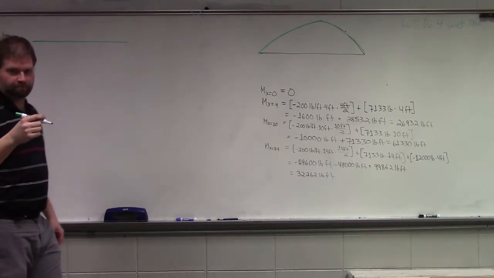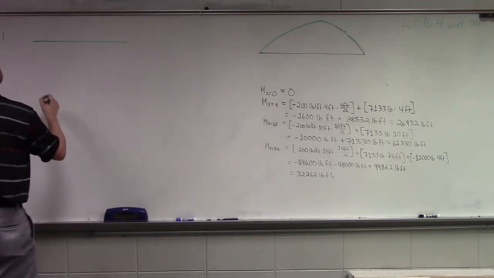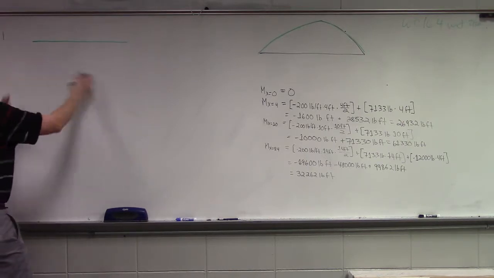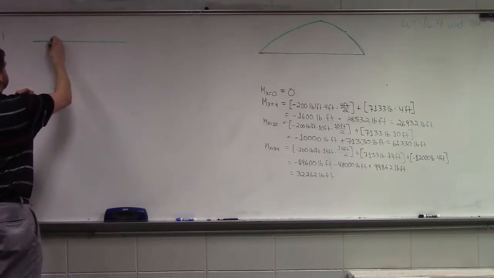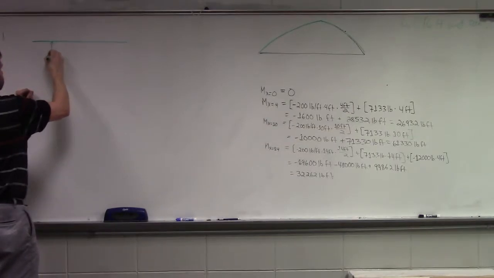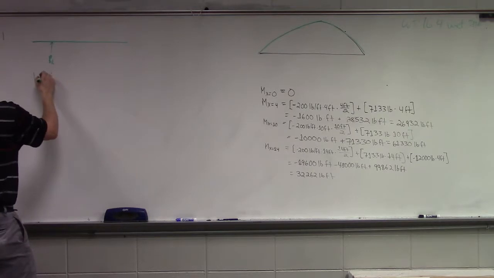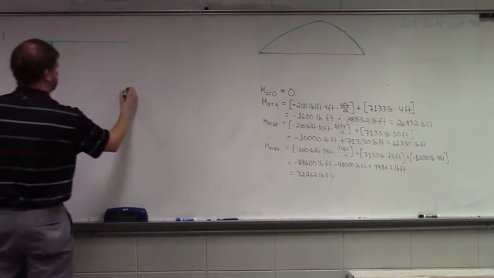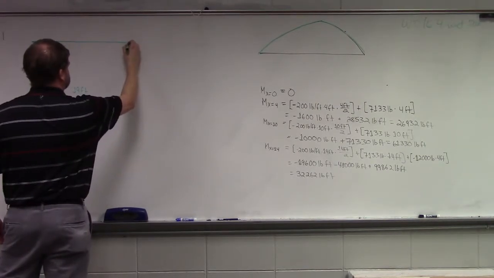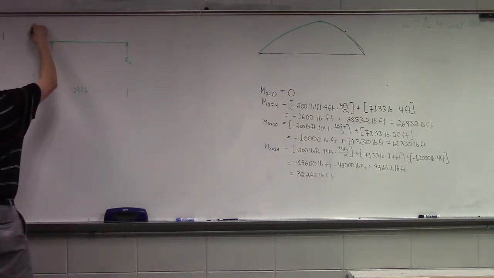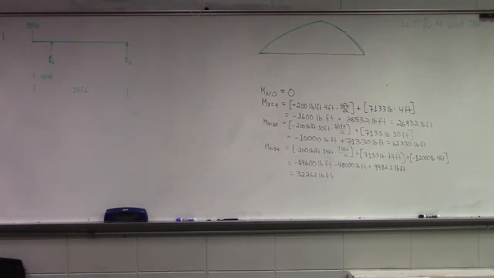Yeah. So R1 is 4 feet in. What's the total length? 19 feet. R2's at the end. We have a 500-pound point load, 4 feet to the right of R1. You have a 1,200-pound load, 7 feet to the right of R1.